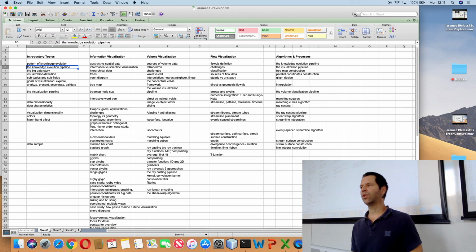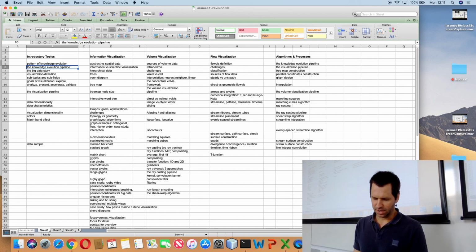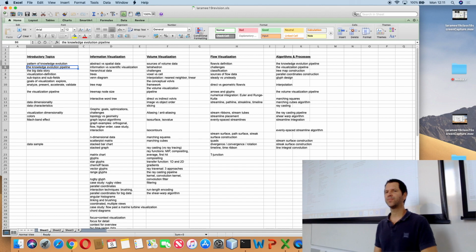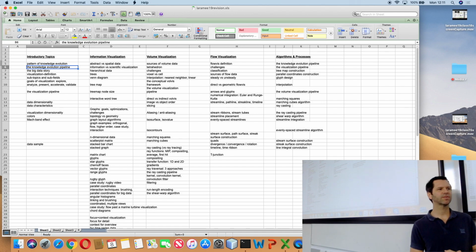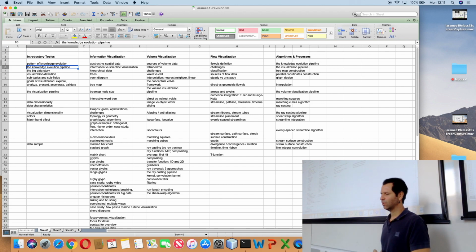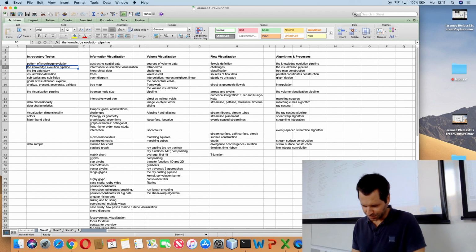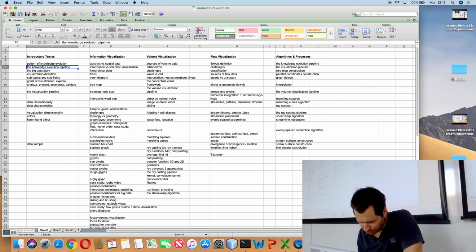Something worth pointing out, just to confuse you: some things have two names or more than one name. For example, the pattern of knowledge evolution is also called the knowledge evolution pipeline. So it has two names for the same thing. That happens a few times in this spreadsheet.